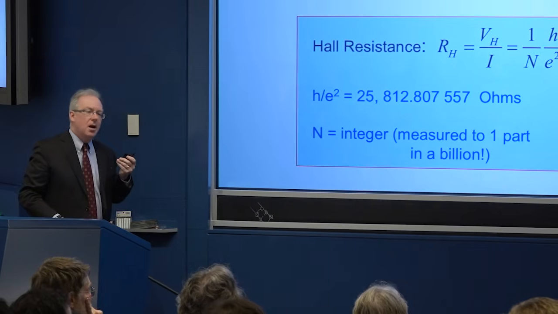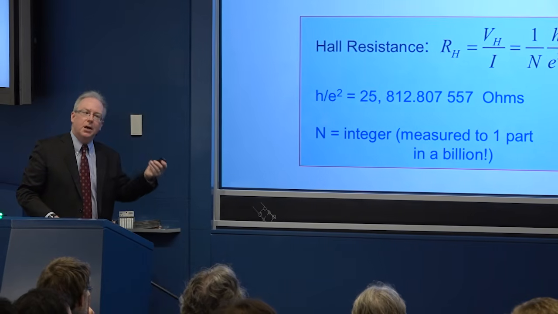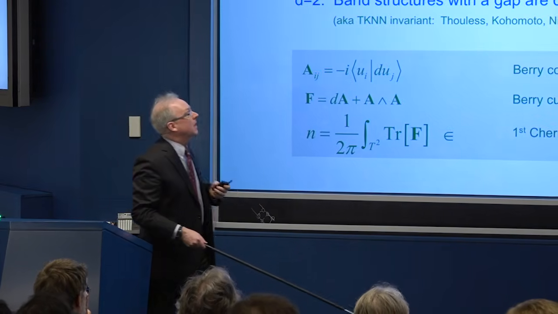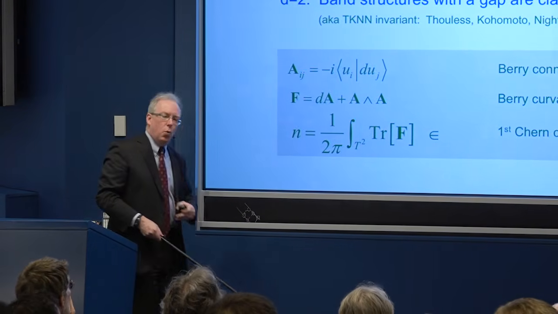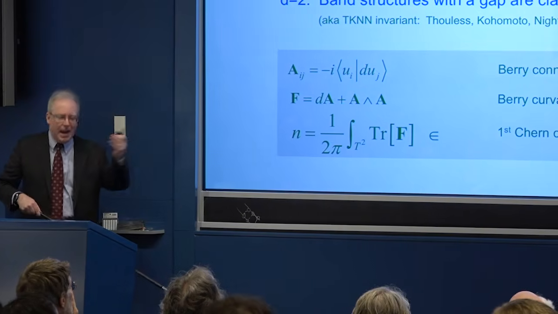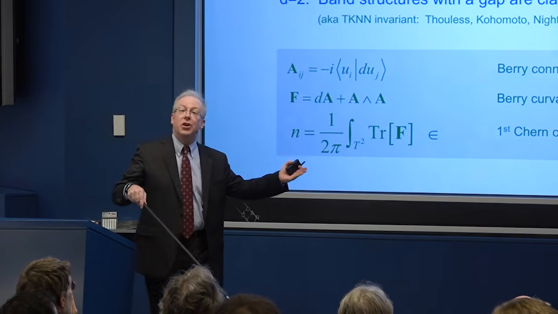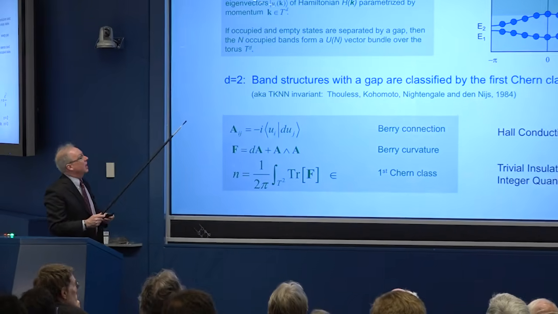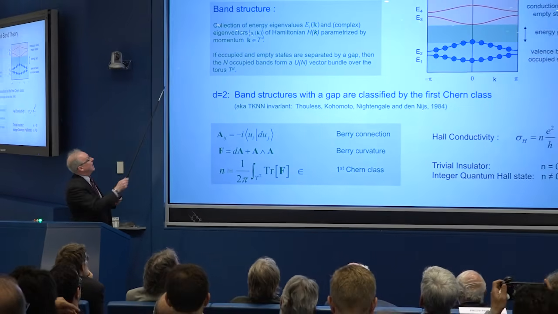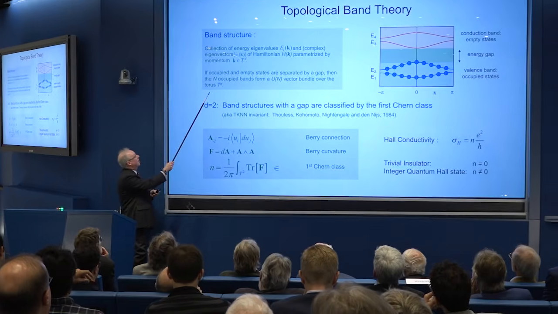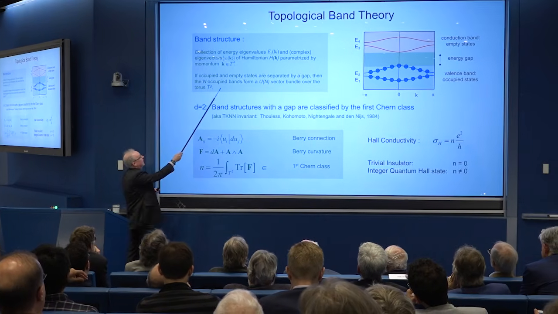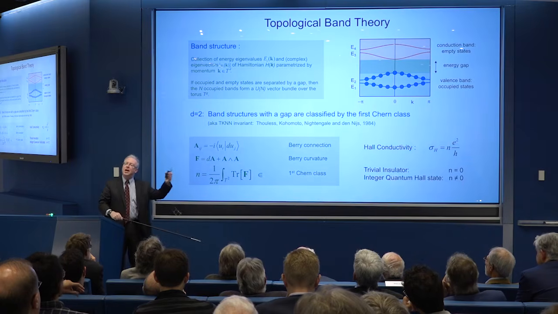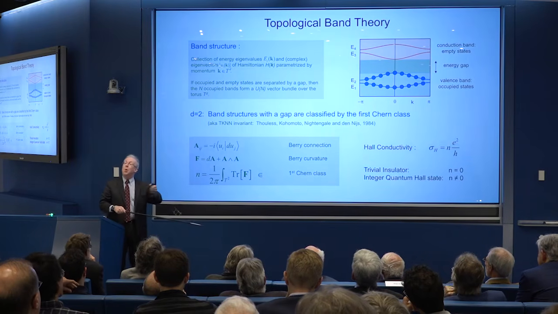And in particular, one way of thinking about it is to think about the topology in band theory, okay? So let me tell you a little bit about what a band structure is. Band theory is the theory of electronic materials. Basically, you can think of a band structure as a Hamiltonian, which I can think of as a Hermitian matrix, parameterized as a function of momentum.